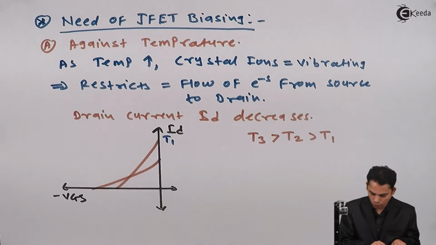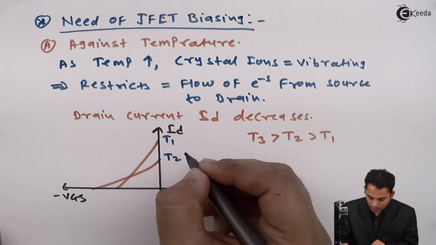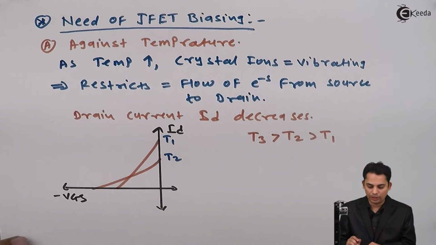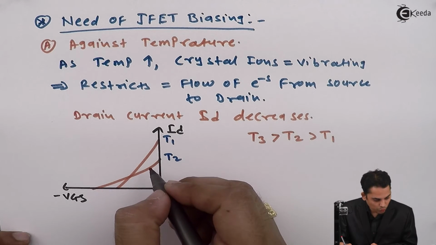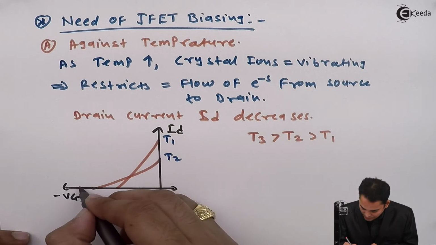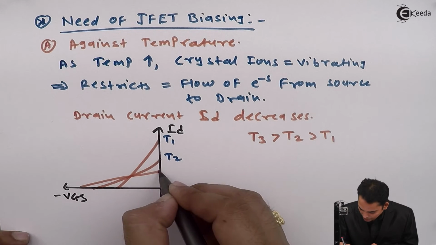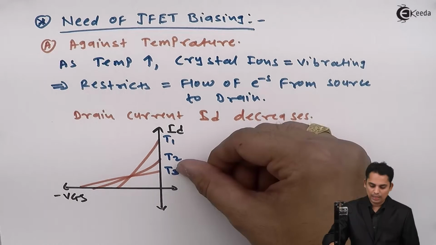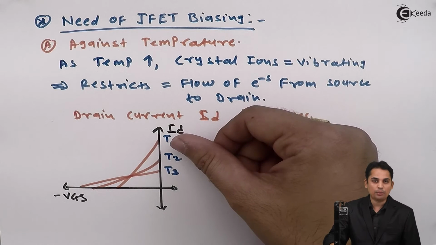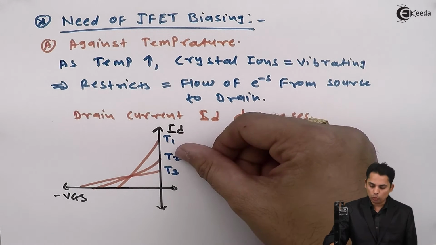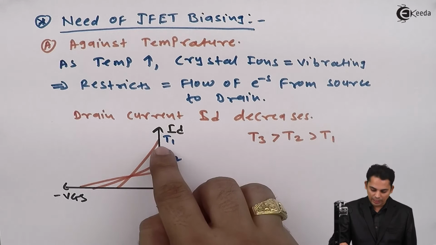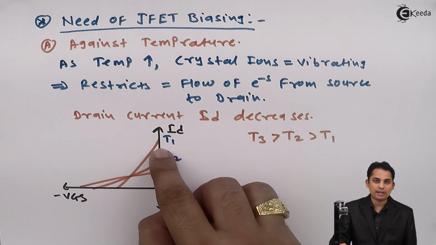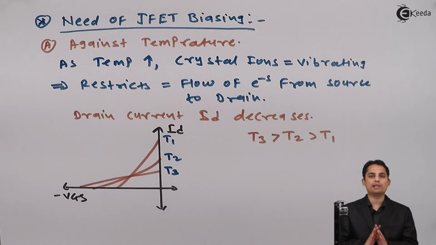This is for T2. Similarly, if we further increase the temperature, then drain current will further decrease and will become like this. As temperature is increasing from T1 to T2, and from T2 to T3, we can see that there is a decrement in drain current ID. So we can easily say that drain current ID decreases with increasing temperature.